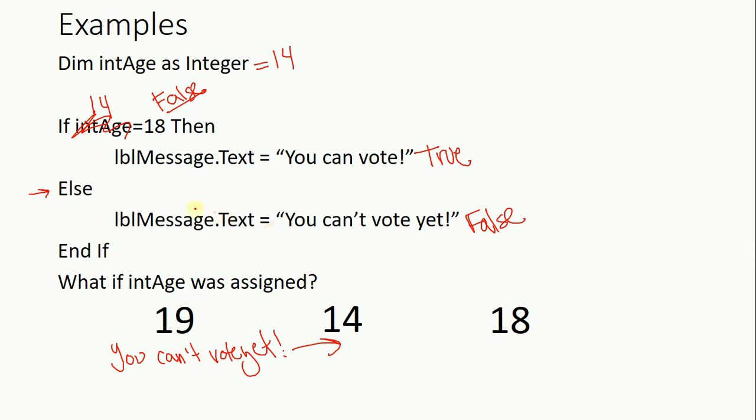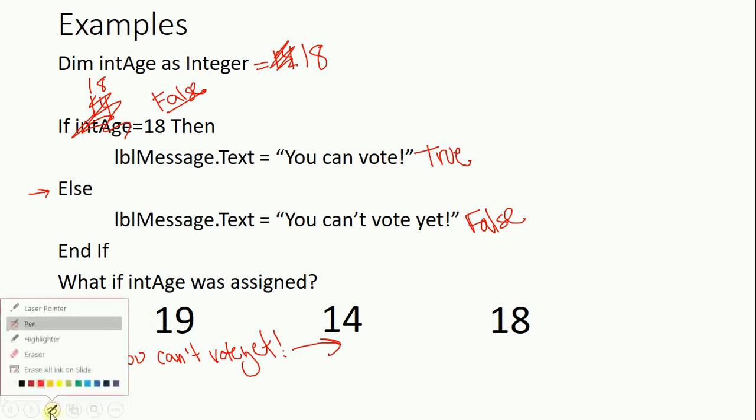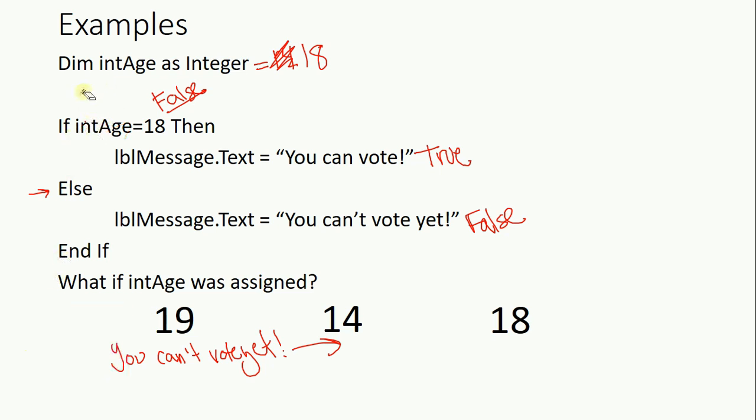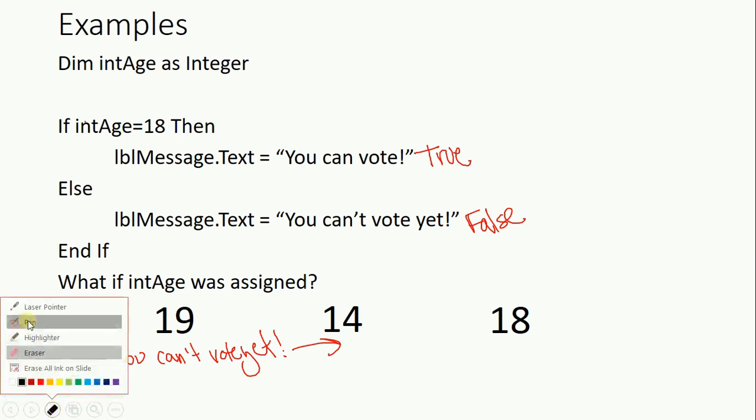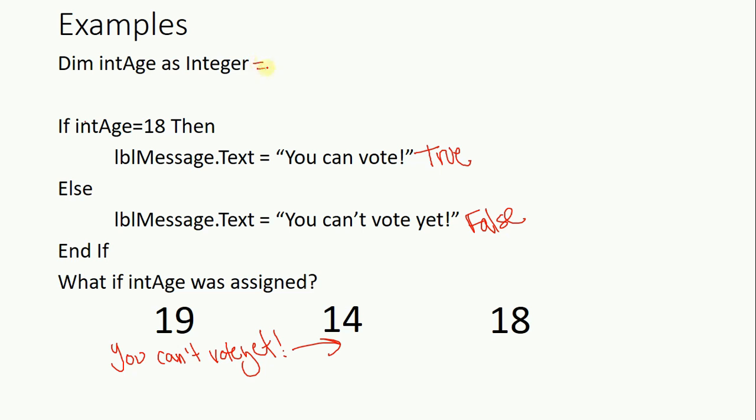Again, 18. Now, if int age is given the value of 18, it's going to put an 18 there. Let's do some erasing, actually. That's a little cleaner. There we go. So it's going to say, well, int age is 18.